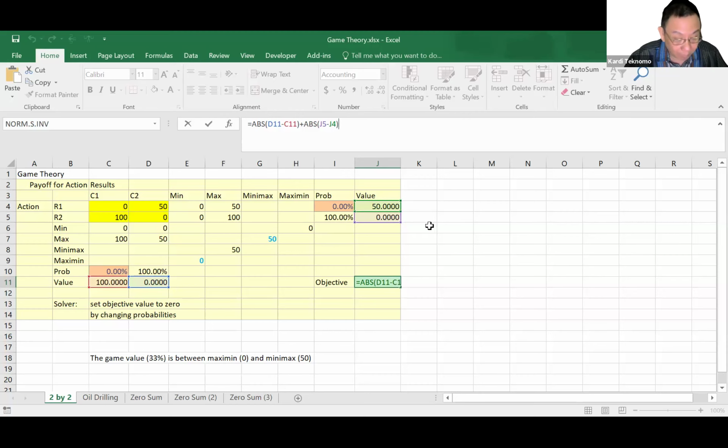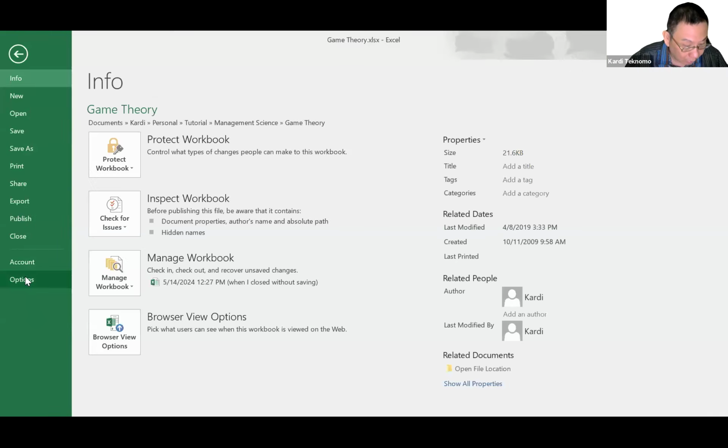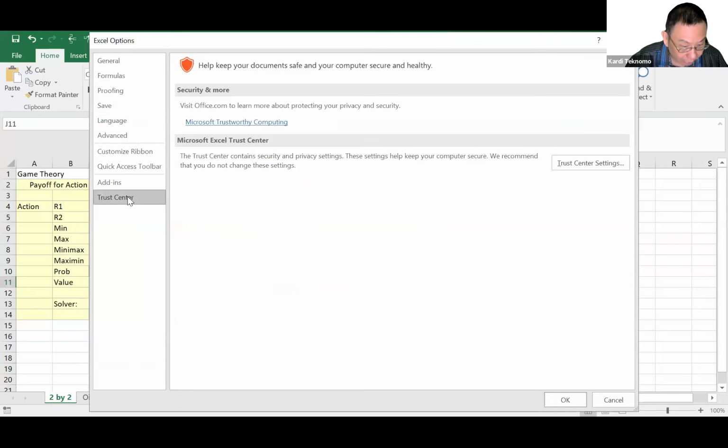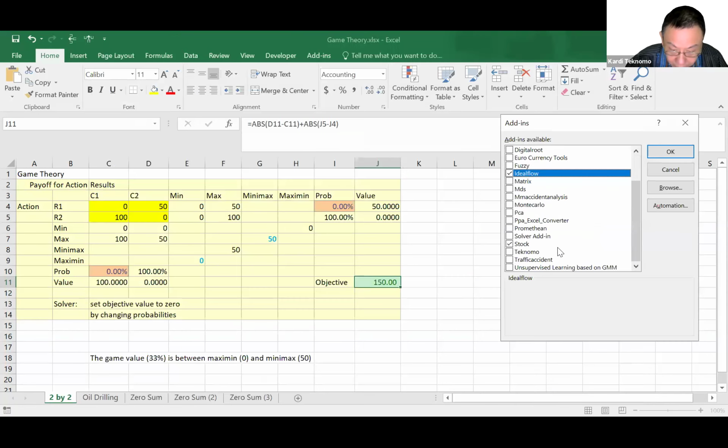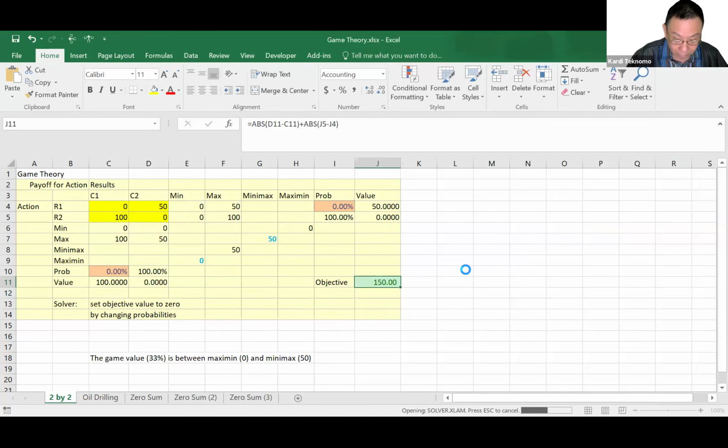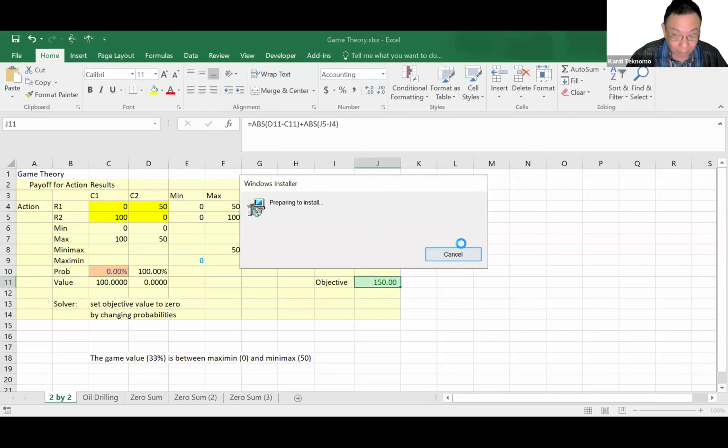Then what you will do, we go to options here, go to plugins and get the solver. Solver is the solver plugin, and click OK. Okay, we'll get the solver installed.